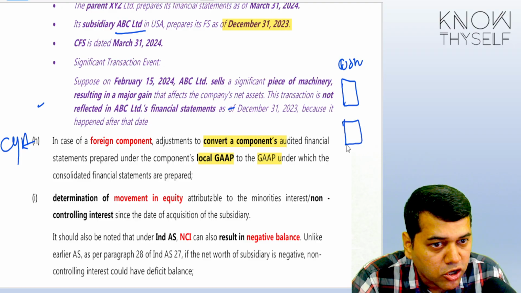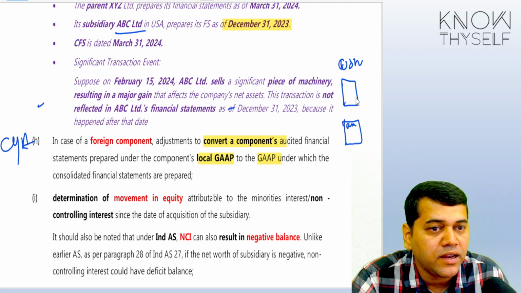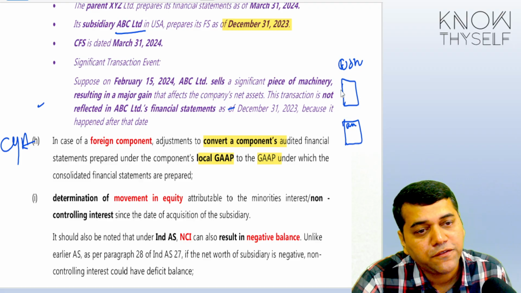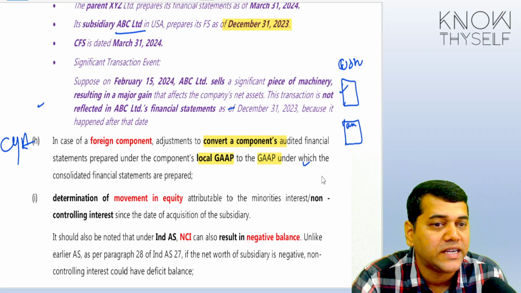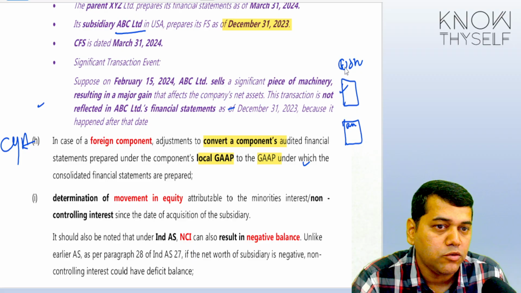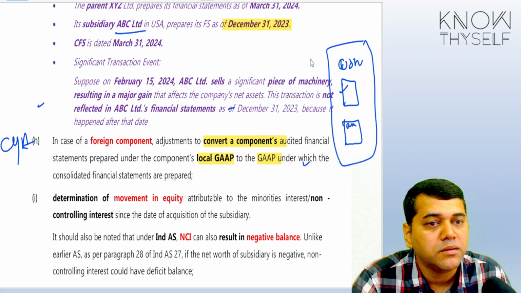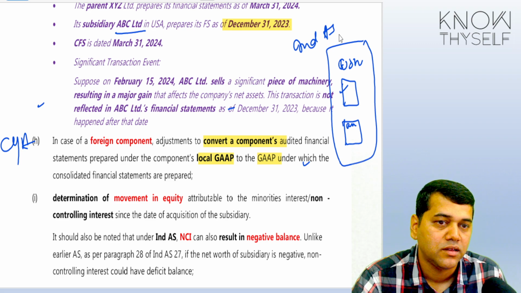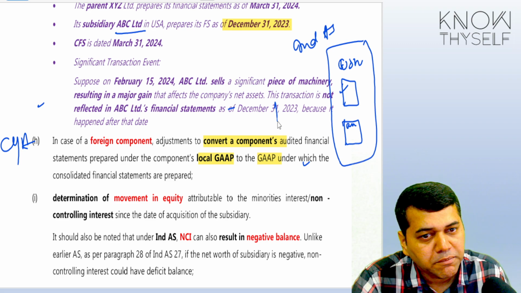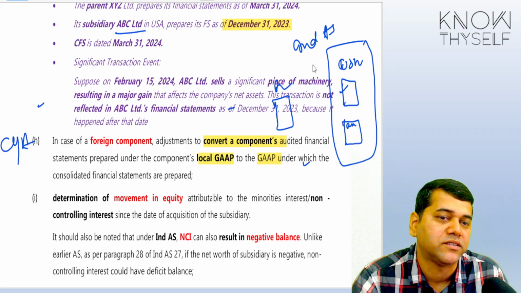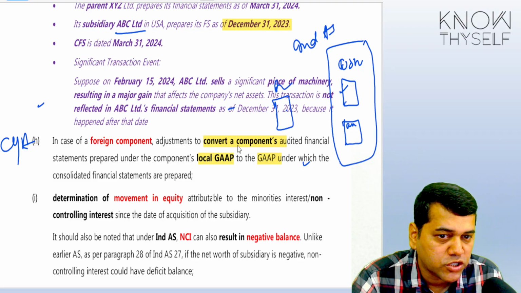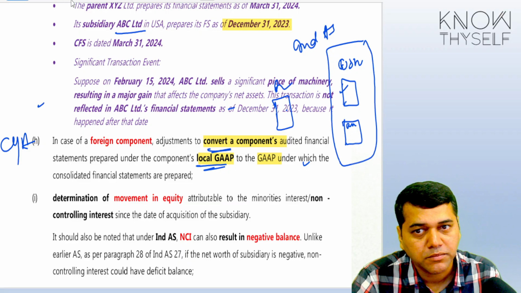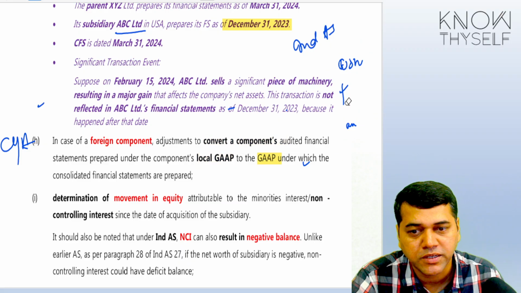They will prepare one more document called a GAAP adjustment, where they will tell you the difference, what is the treatment for USA versus the treatment for Ind AS. Now, these documents together become your Ind AS balance sheet. Alternatively, they can prepare only one balance sheet as per Ind AS. So these are the two approaches for GAAP conversions. This is what you need to check, because this is also part of your current period adjustment.